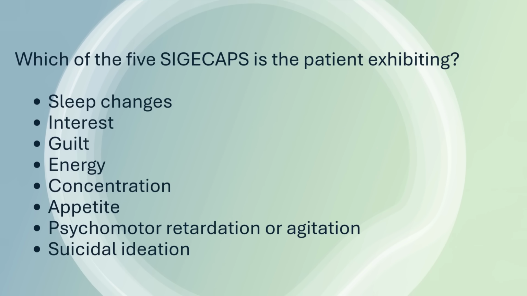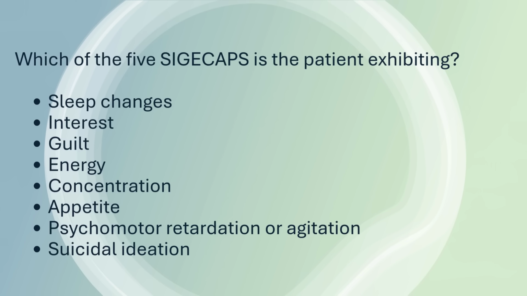So, this part, which of the SIGECAPS symptoms is the patient exhibiting? If you do not know what SIGECAPS means, this is something they teach you as a trick when you're doing psychiatric mental health assessments.